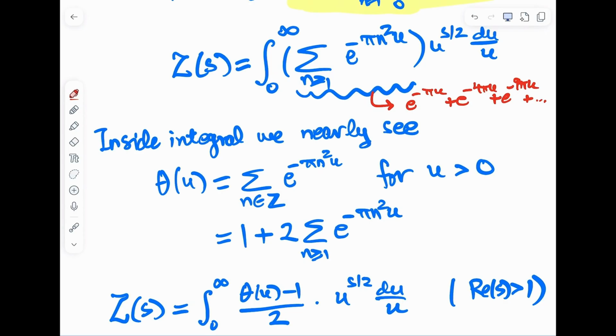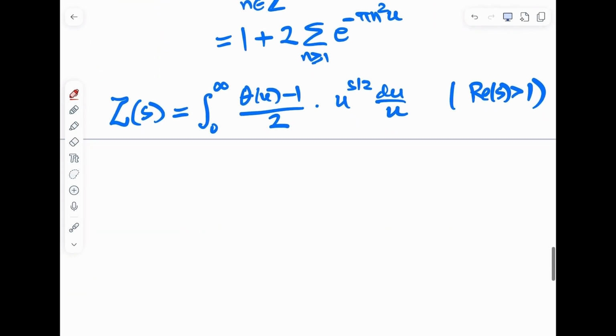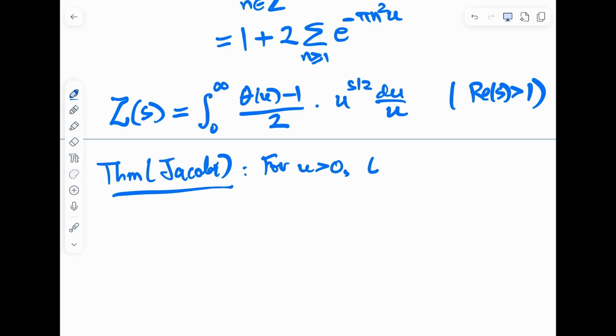And so what we would like to do is break up the integral into 2 parts, from 0 to 1 and 1 to infinity, and then turn the interval from 0 to 1 into the interval from 1 to infinity by replacing u with 1 over u. And so to prepare for that, I'm going to now tell you a super important property that I think is due to Jacobi, that for positive numbers, theta of 1 over u is square root of u theta of u.